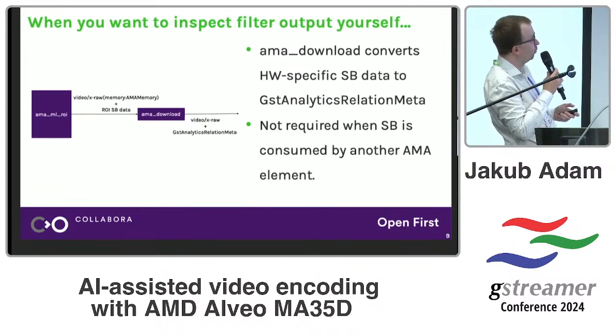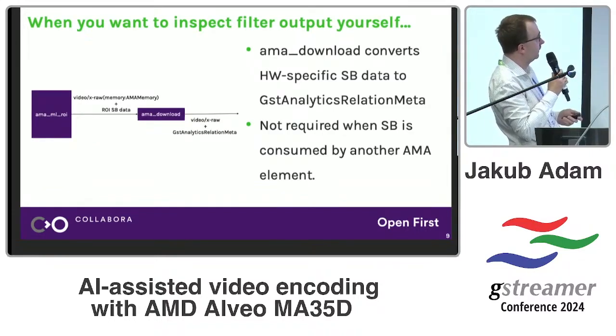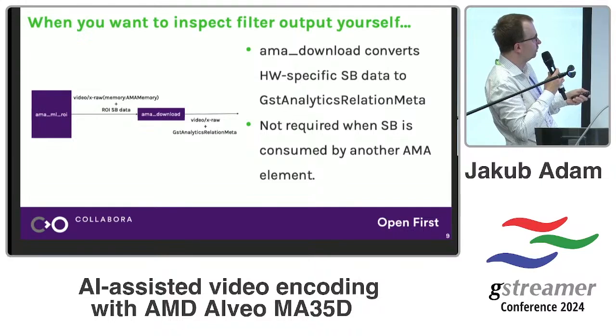But what if you want to inspect the result of the inference yourself? Then you can use the AMA download element, and it will convert that frame on the card into system memory, and the hardware-specific sideband data will be converted to GstAnalytics relation meta attached to that frame.